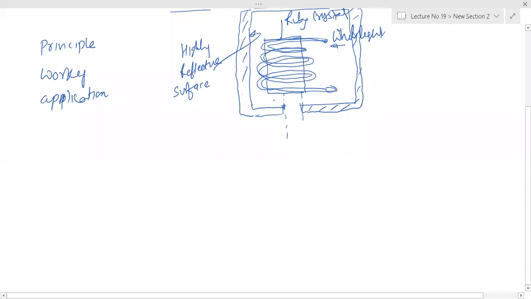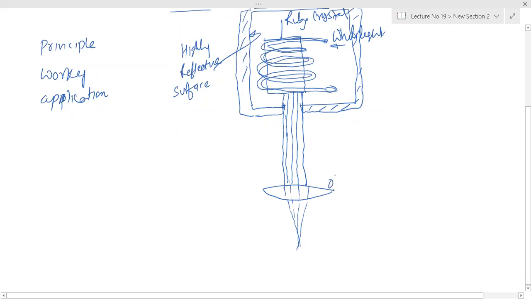So it emits radiation, that is light, that is coherent, means it is a single wavelength light, and we put a focusing lens. It is not a magnetic coil like in electron beam machining.